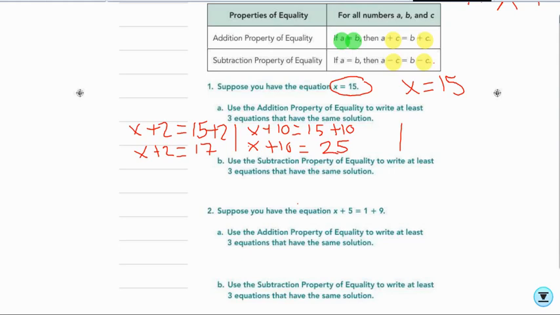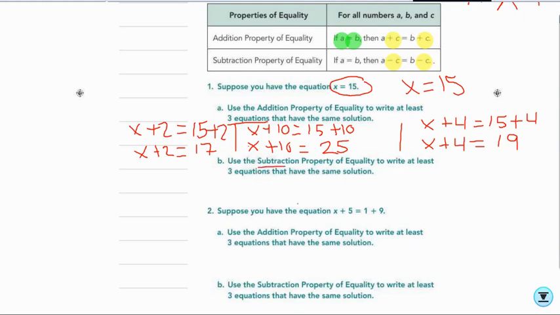My last equation that I want to write, I could write something like x plus 4 is equal to 15 plus 4. And this would be the same as writing x plus 4 is equal to 19. Again, I wrote 3 equations, and they're equal. And all I did was I took my original, and then I changed up the same on both sides.